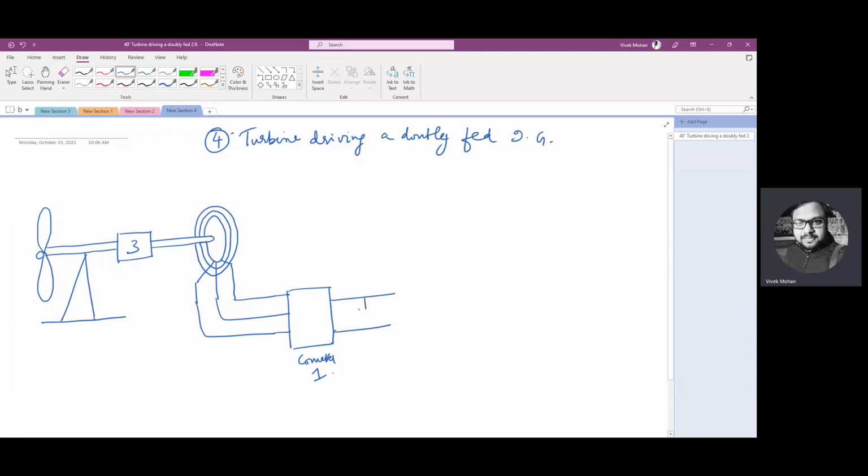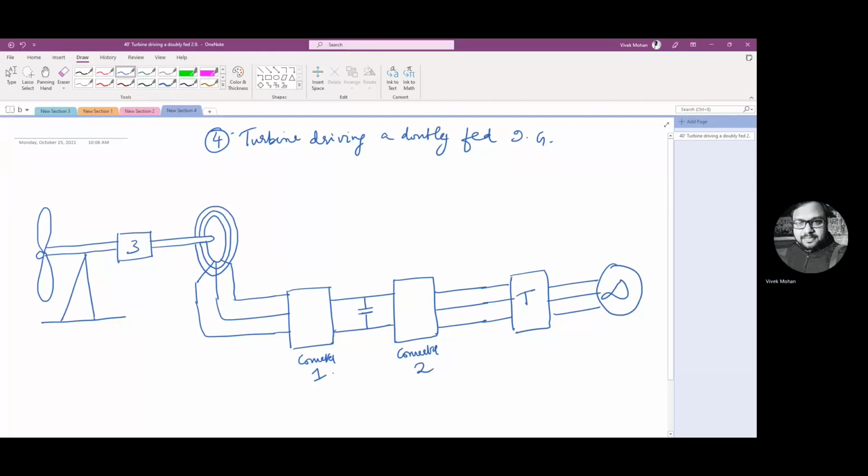Again a DC link here, then it's going to another converter, converter 2. Output is three-phase. It's going to a transformer, going to the grid.